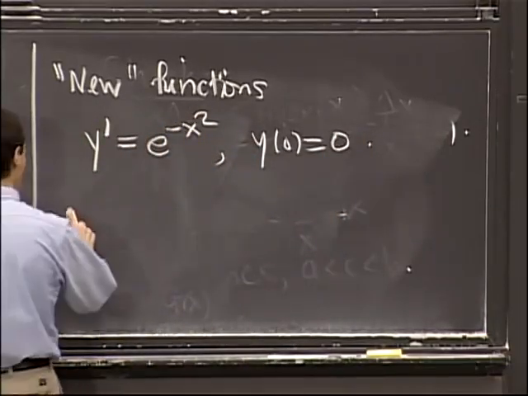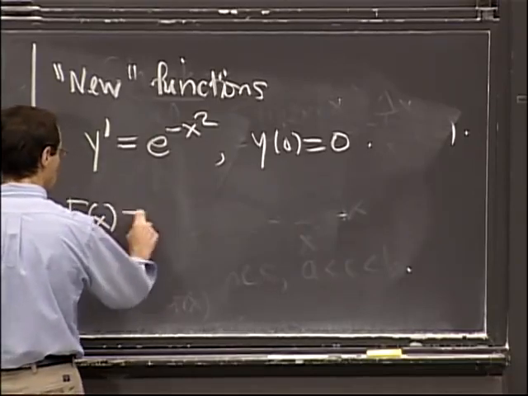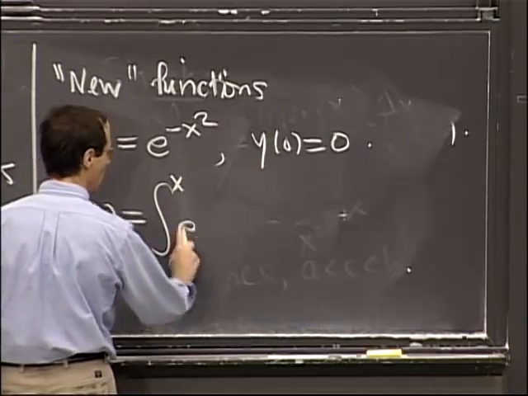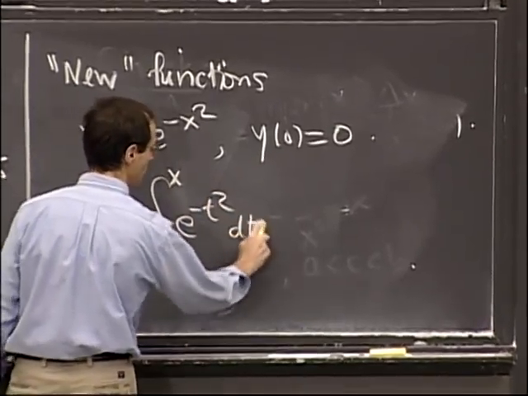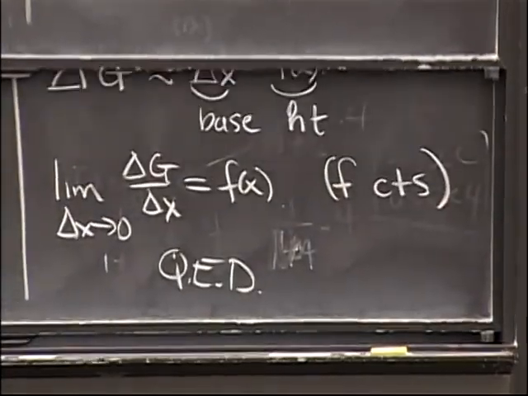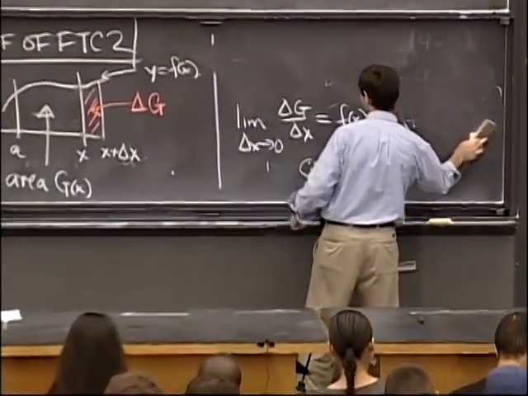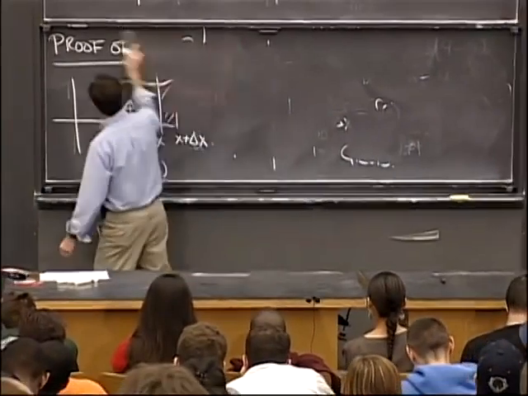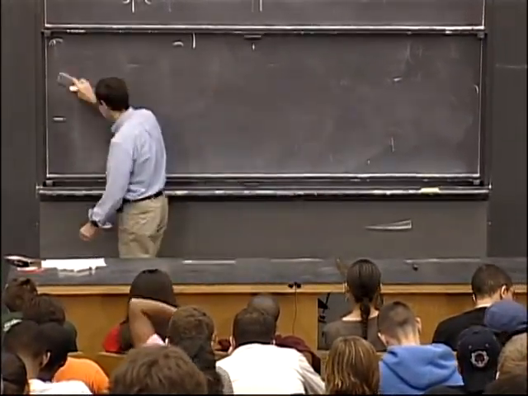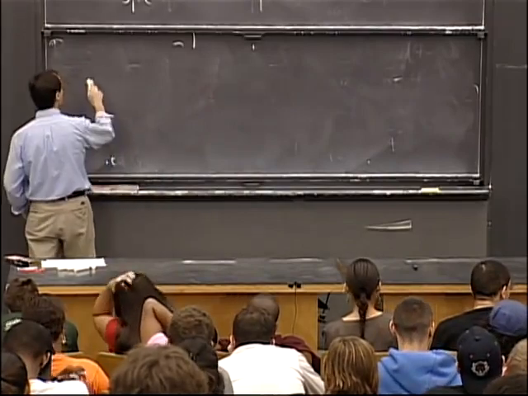The solution to that is a function which I can write down by the fundamental theorem. It's the integral from 0 to x of e to the minus t squared dt. This is a very famous function.